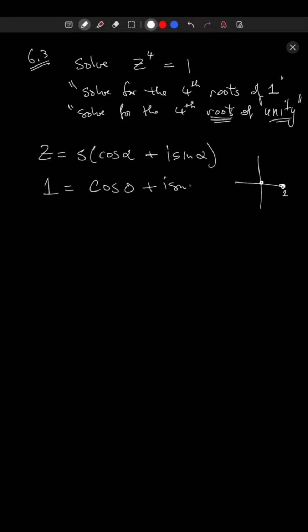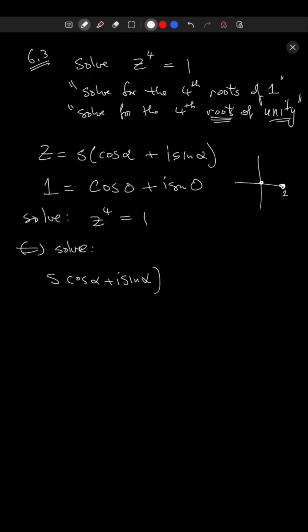All right. Okay, so that means solving z to the 4th equals 1 is the same as solving s cos alpha plus I sine alpha, all to the 4th, is equal to 1.